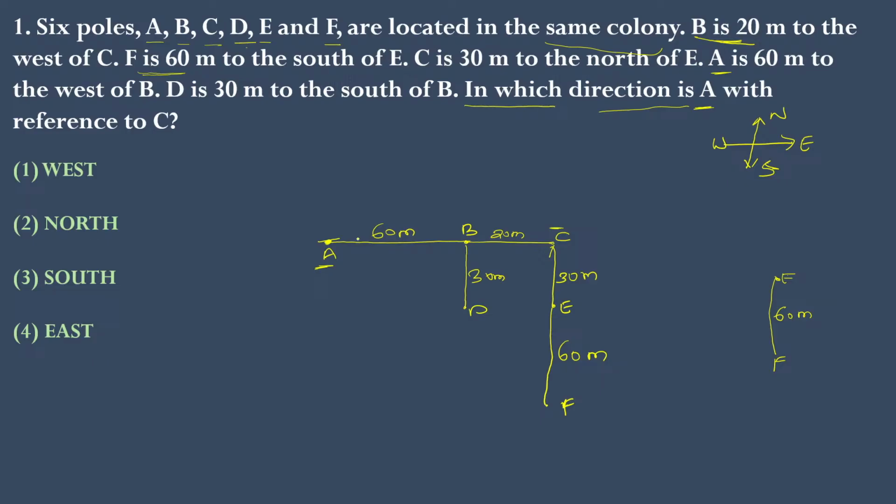If you see that A is 80 meters to the west of C. A is 80 meters to the west here, west to C. Option 1 is correct. Option 1 is correct.